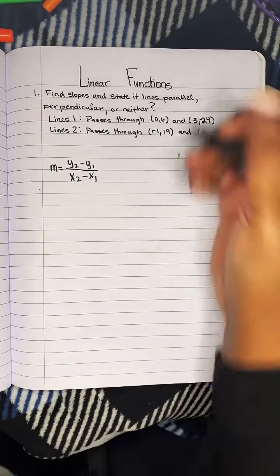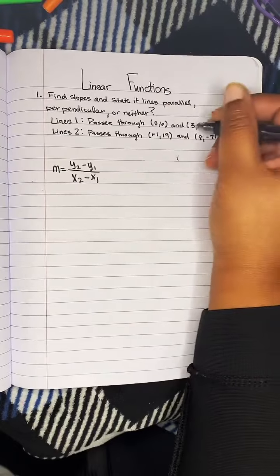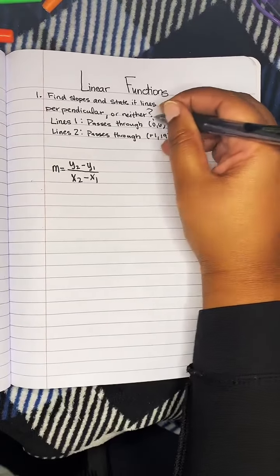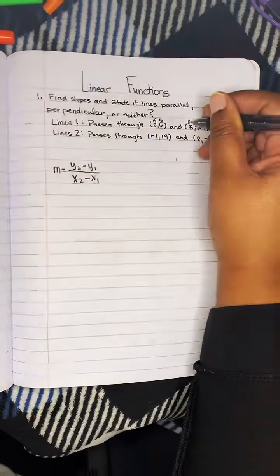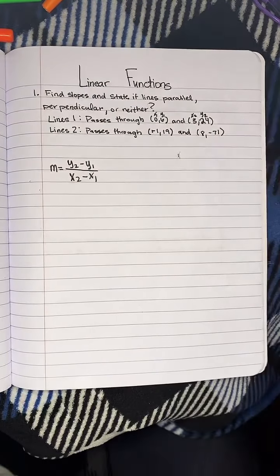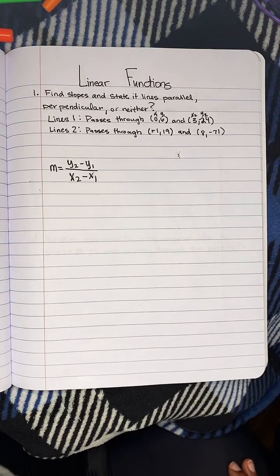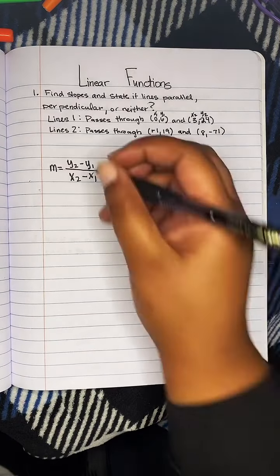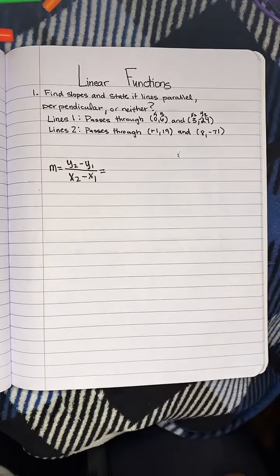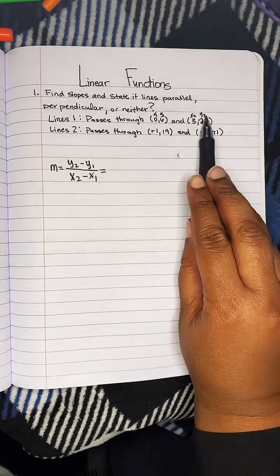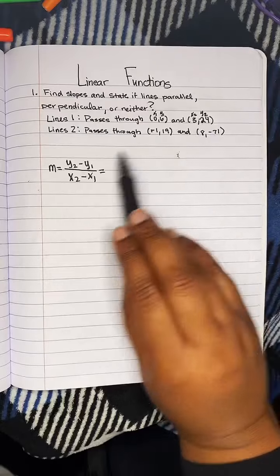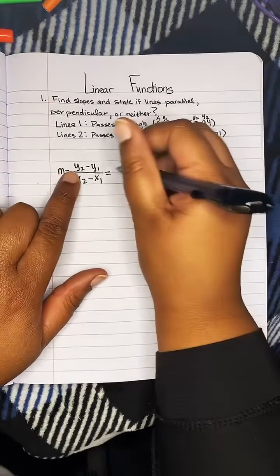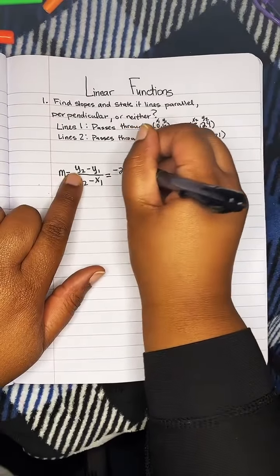What I always tell my students to do is right away label those points. So this is x1, y1, x2, y2. Okay. So now let's actually fill this in. I labeled negative 24 as y2, so I'm going to put negative 24.